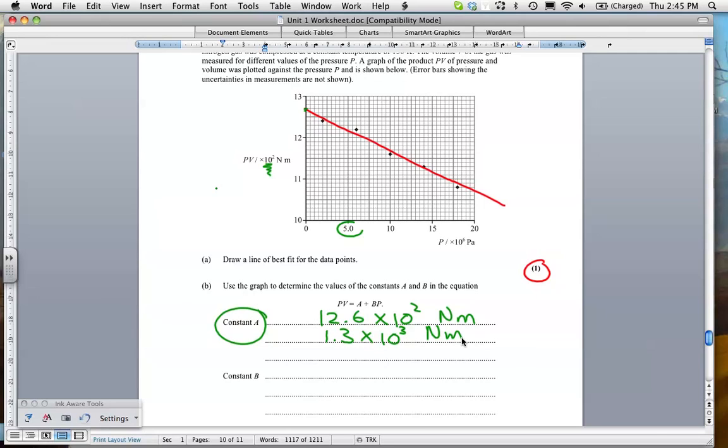In finding the constant B, this is the slope. Now you'd want to use as much of the graph as possible. I would tend to use the whole graph, so do that across there and down there. Again, you'd be using a ruler to do this, so it's nice and neat and accurate.